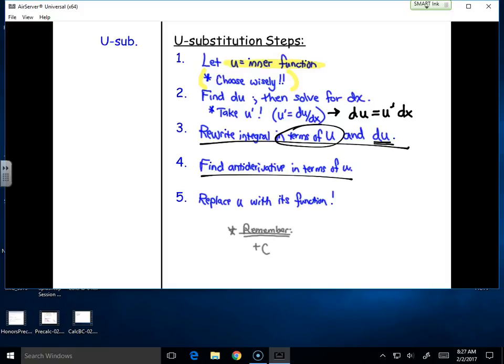But instead of things like the integral of sine of x dx is negative cosine of x plus c, we can say the integral of sine of u du is negative cosine of u plus c. And then replace u with its function in terms of x.